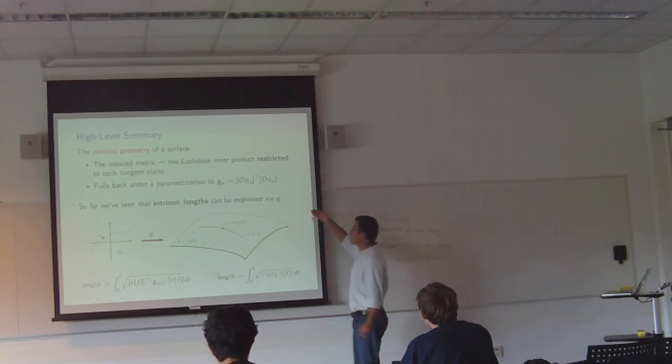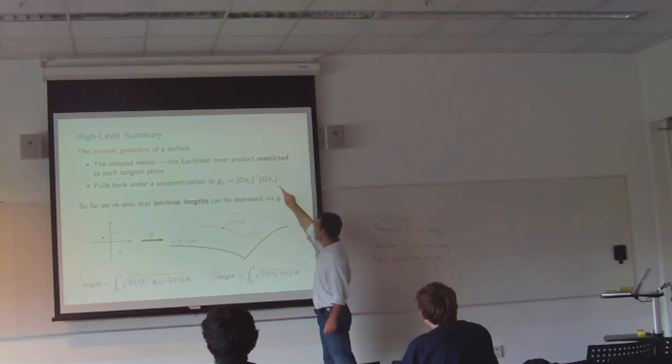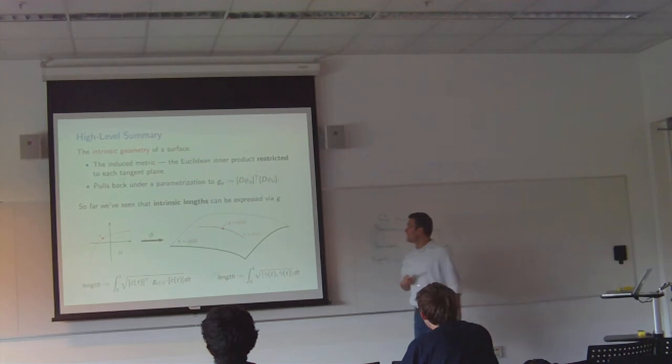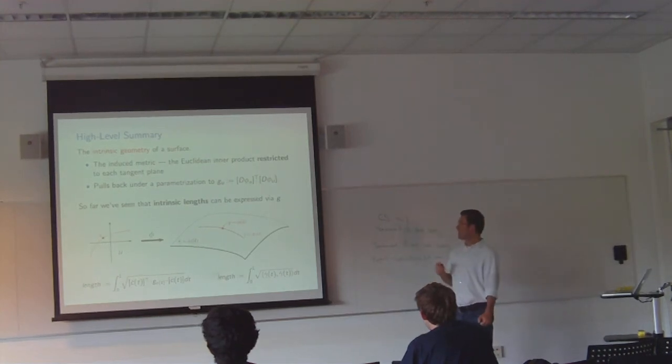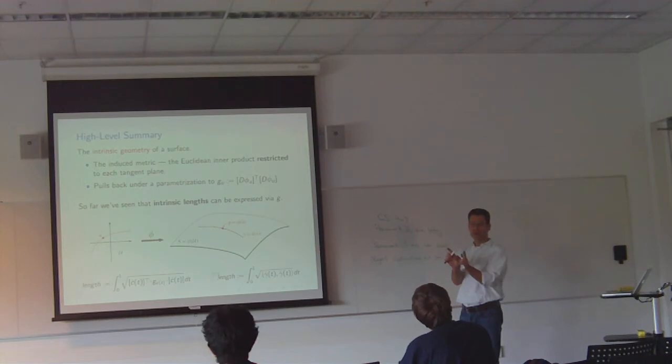And of course, we saw that it pulls back under any given parameterization to this object here. This is the derivative matrix of the parameterization transposed times itself. And it was the matrix constructed from the inner products of the basis vectors.